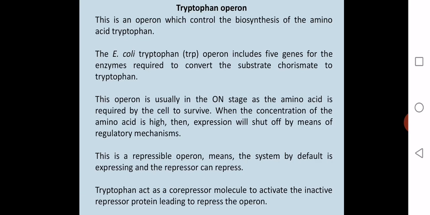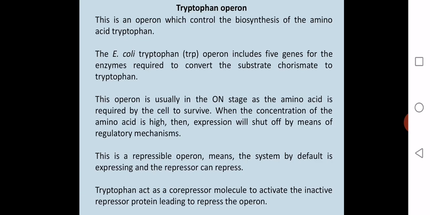That means the genes are expressed regularly, and this system which is already on has to be repressed by a repressor as and when this particular amino acid is not required to be synthesized, and this process is called repression, right? So that is the basic difference between the lac operon and the trp operon. These are the two categories of operons usually present in the bacterial system.